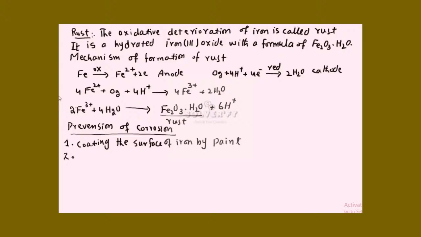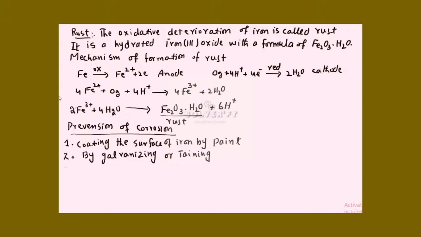Number 2, by galvanizing or tinning the surface of iron with zinc or tin, so this can also stop the corrosion.